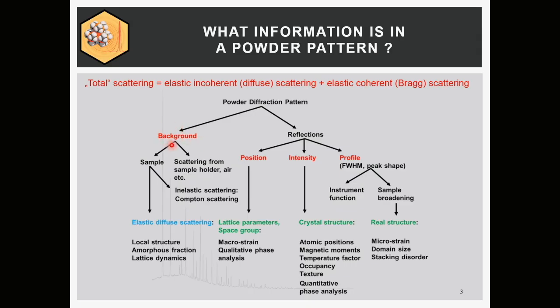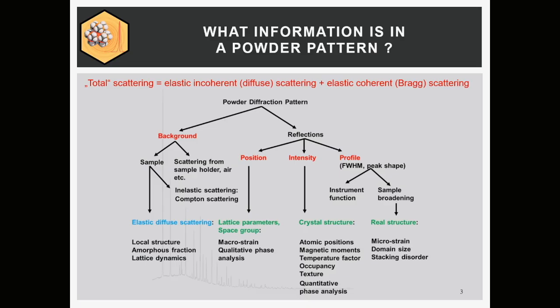But if we have a chance, for example if you go far out in Q space and do the total scattering approach, if you look at the PDF, there's a lot of information in the diffuse scattering. I mean, everything is elastic, but there's Bragg scattering and diffuse scattering, and usually you forget about diffuse scattering.